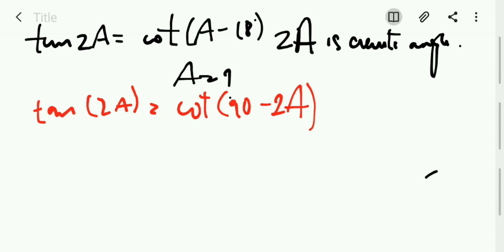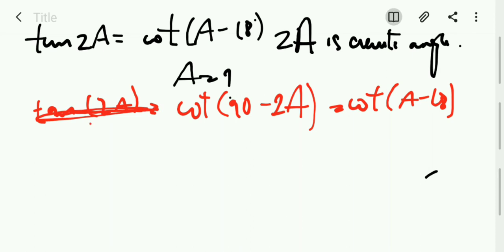Cot (90 minus 2A) is nothing but tan 2A. Clear? Now this tan 2A is also equal to cot (A minus 18). Now I'll just replace this. I don't want this now because tan 2A is nothing but cot (90 minus 2A).